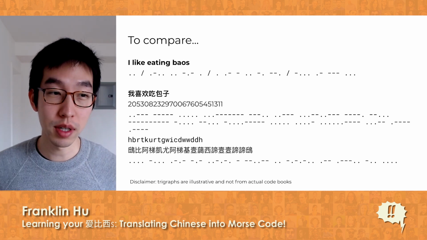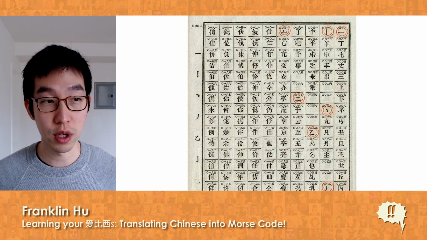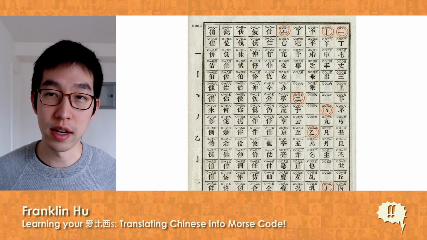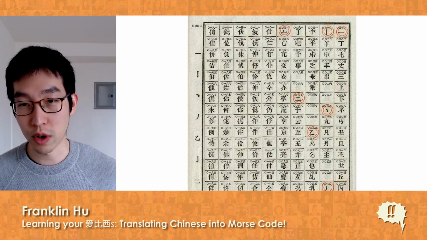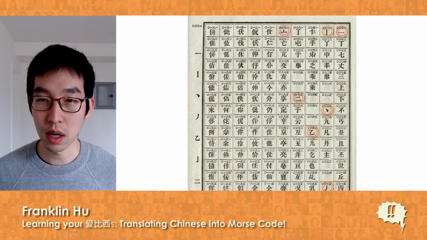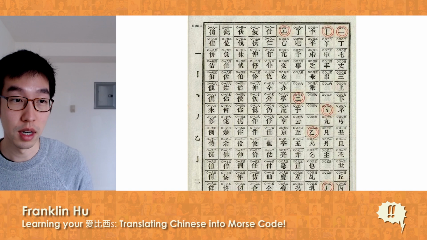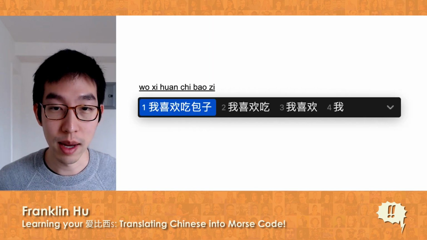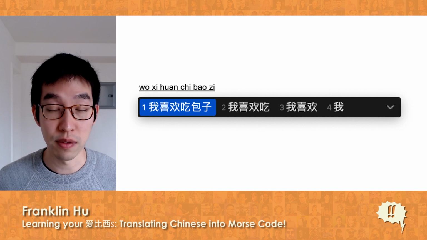So we've talked about 2 ways that Chinese was encoded to Morse code. Both of these had an intermediate step where they were translated first to digits or to trigraphs. And this extra step is still common. 100 years later, if you find yourself trying to type Chinese on a computer or into your phone, it's actually not that different.